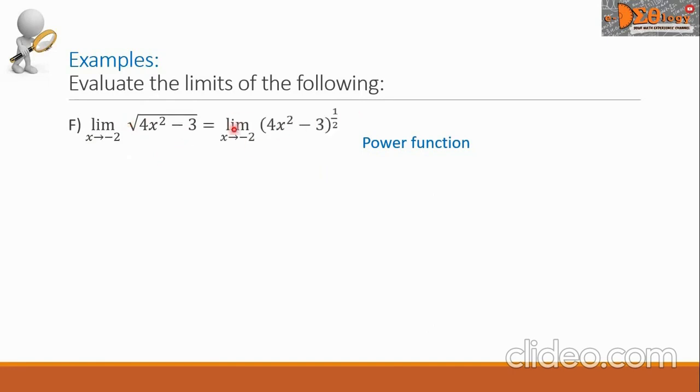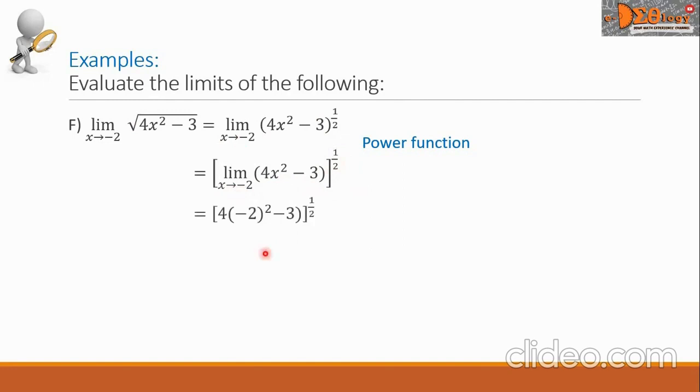So we have the limit of 4x squared minus 3, and the quantity is raised to 1 over 2 as x approaches negative 2. Let us take the limit of the function 4x squared minus 3 as x approaches negative 2, and after that we will implement that exponent 1 over 2.